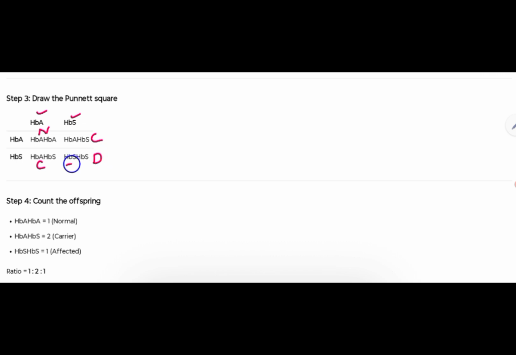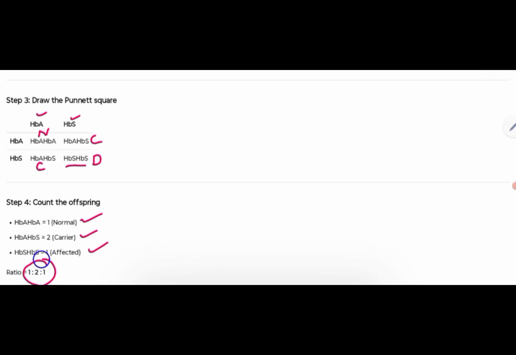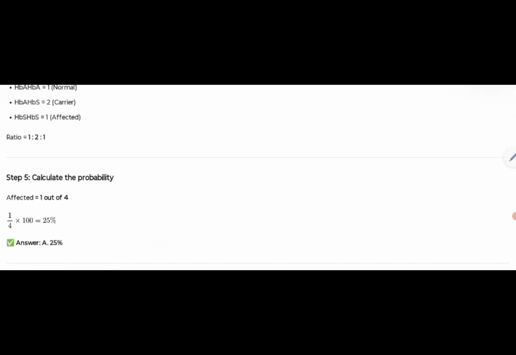So the normal is 1, the carrier is 2, and the affected is 1. So the ratio is 1:2:1. And our question is to find the probability of sickle cell anemic children. So that is 1 out of 4, that is 25%. So our answer is 25%.